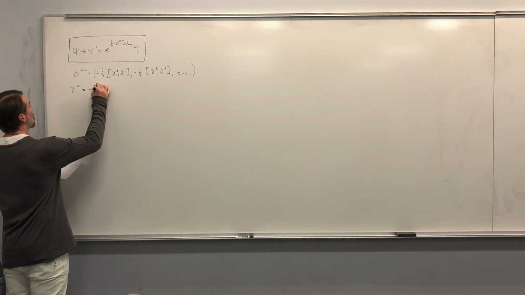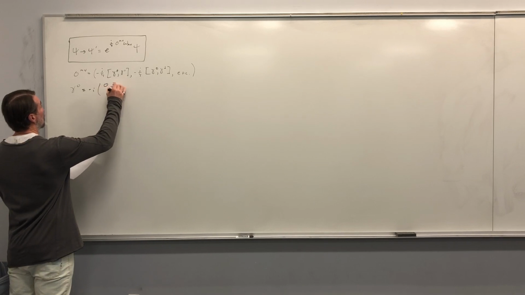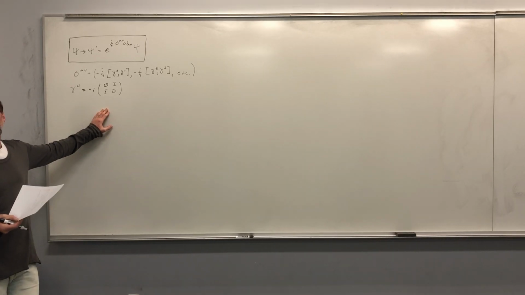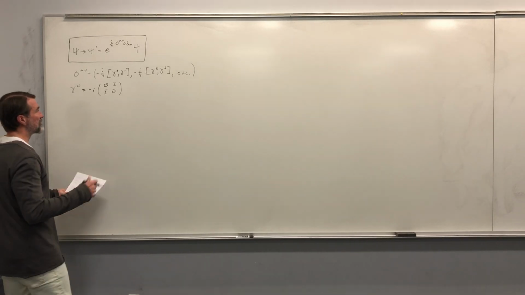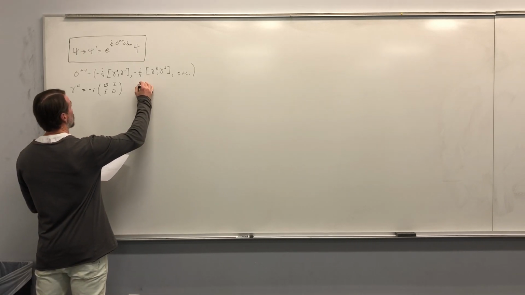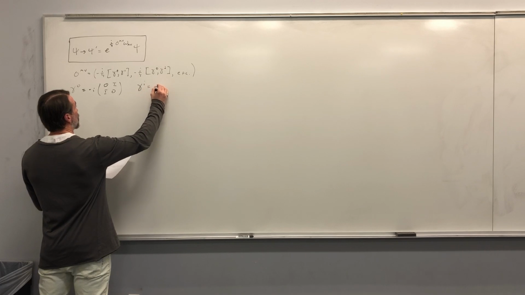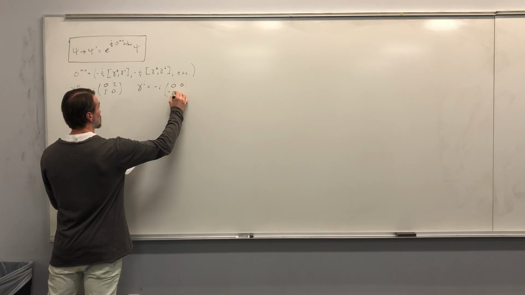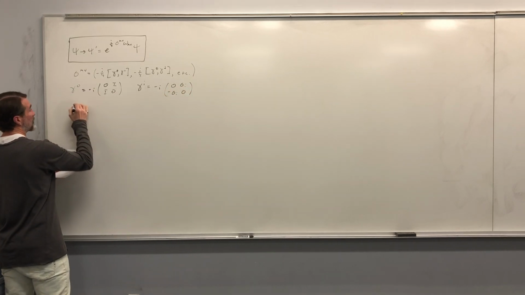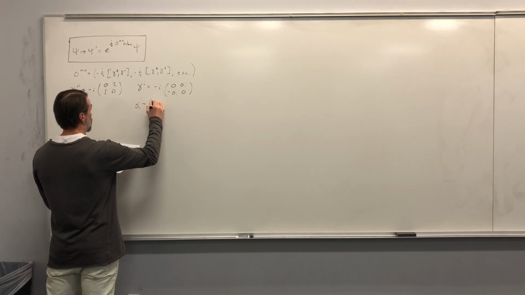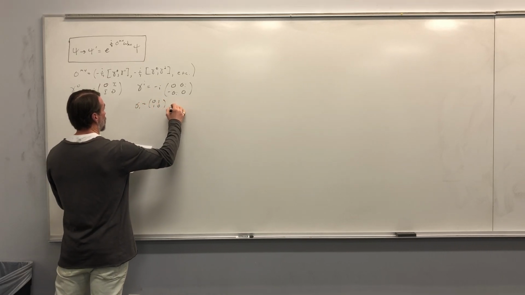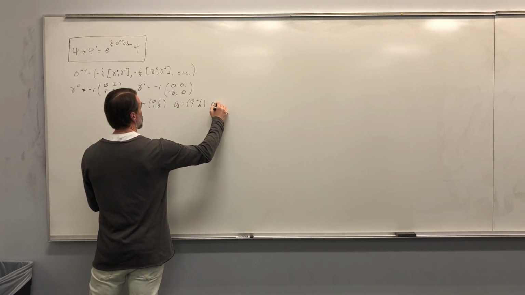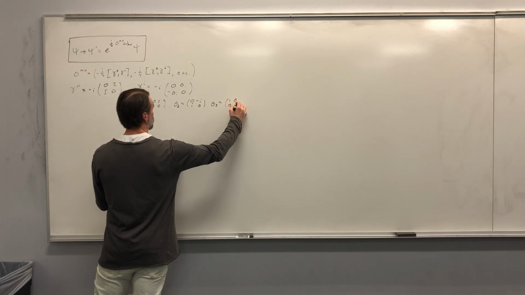Gamma 0 is minus i times the block matrix 0, identity, identity, 0, where this is a 4x4 matrix and every element is a 2x2 matrix. It's just a concise notation. I'm not going to write down the elements of 4x4 matrices. And then the spatial parts are minus i times the block matrix 0, sigma i, minus sigma i, 0, where sigma 1 is 0, 1, 1, 0, sigma 2 is 0, minus i, i, 0, and sigma 3 is 1, 0, 0, minus 1.